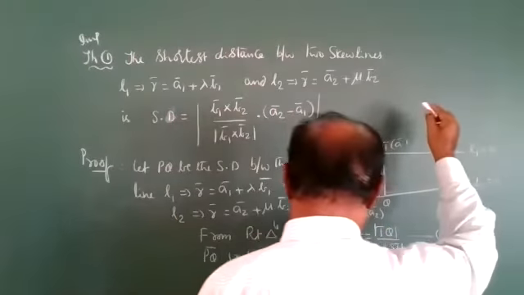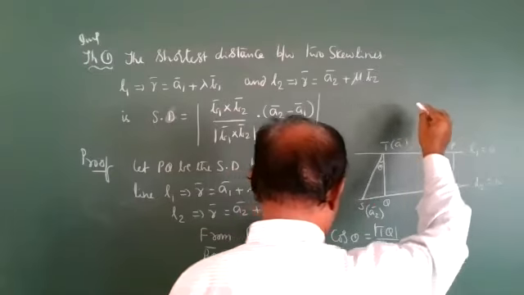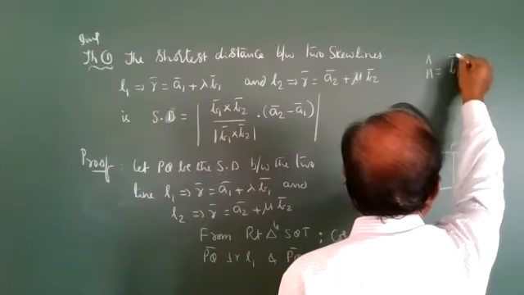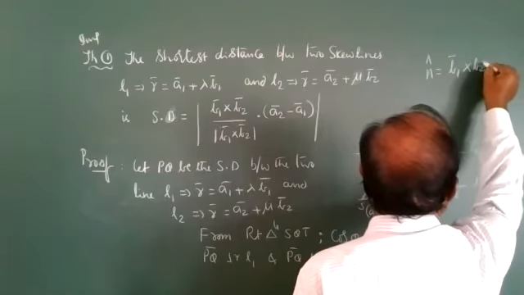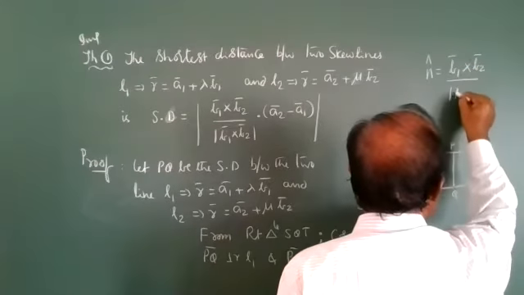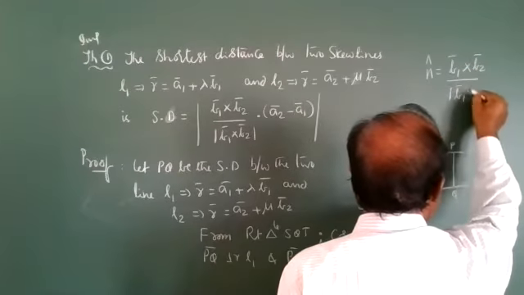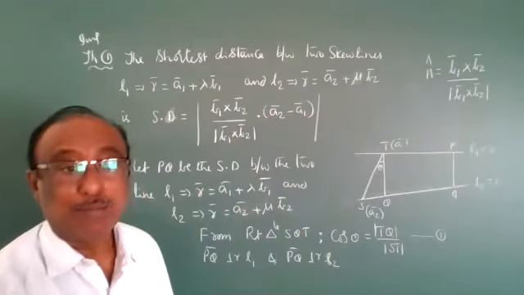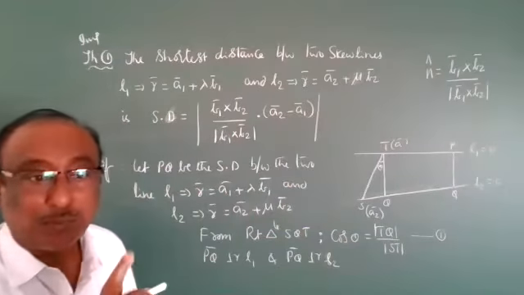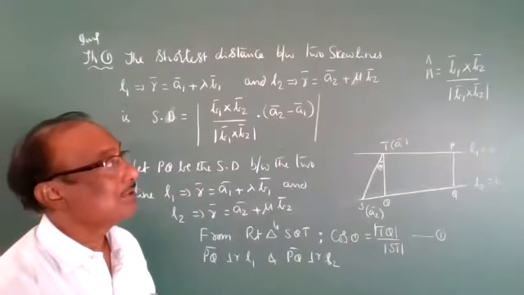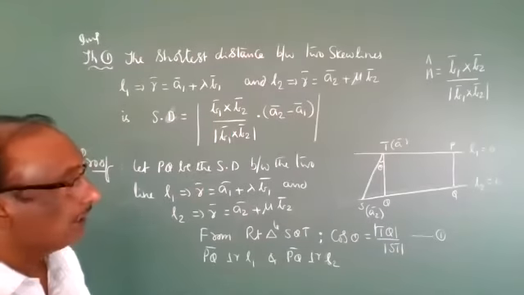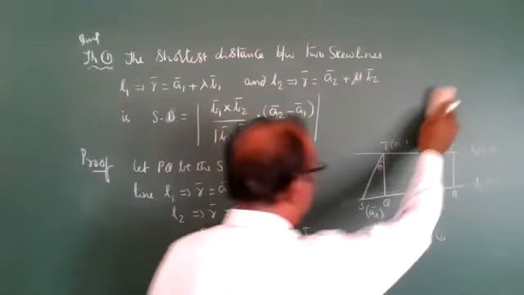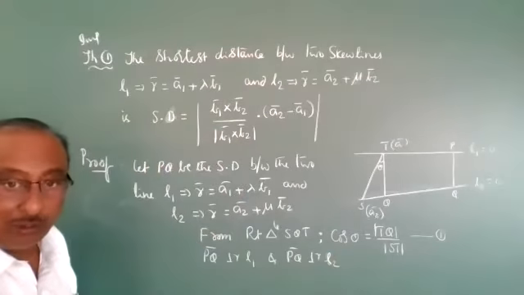So now we can write down: n cap is equal to B1 bar cross B2 bar, by direction ratios. So cross product we can apply for the direction ratios, not passing through the point. PQ is perpendicular to L1, PQ is perpendicular to L2.